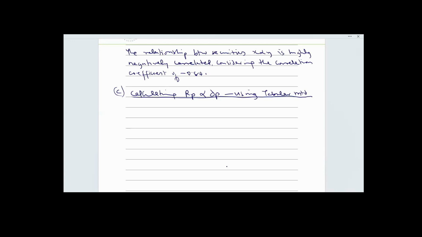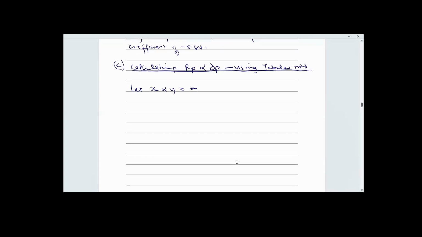Let X and Y equal to, you can use any letter, you can use A, you can use B, you can use M. Just represent it with any letter. So I will just say let X and Y equal A. Then of course, now you need to determine the possible states of nature or possible outcomes.